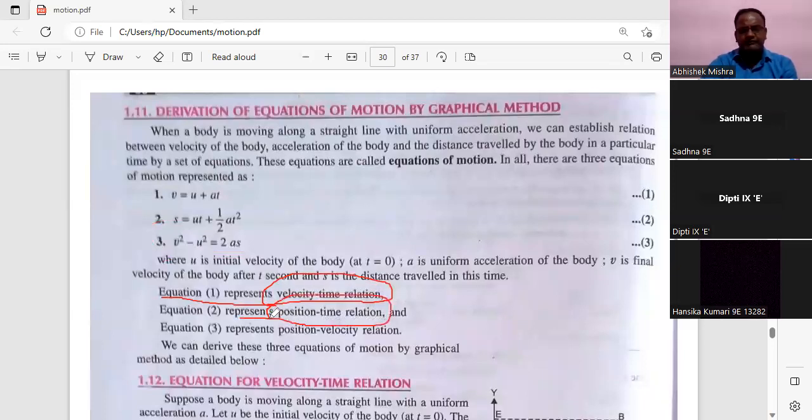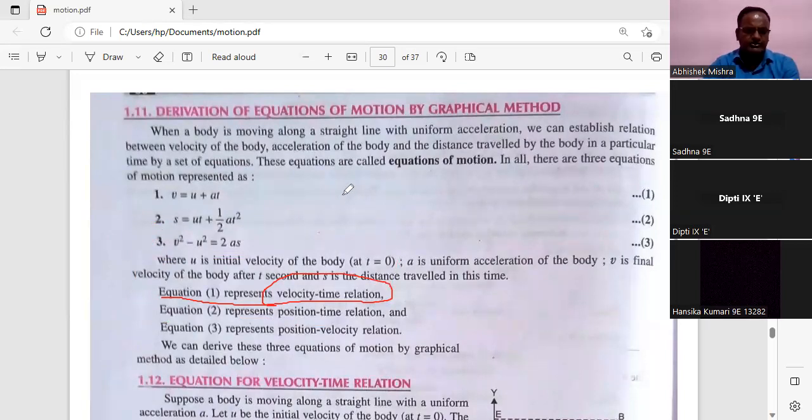Be careful. Whenever the question is asked, what is the velocity time relation, we have to indicate equation 1. When it is the position time relation, we have to indicate equation 2. And when it is the position velocity relation, we have to indicate equation 3.